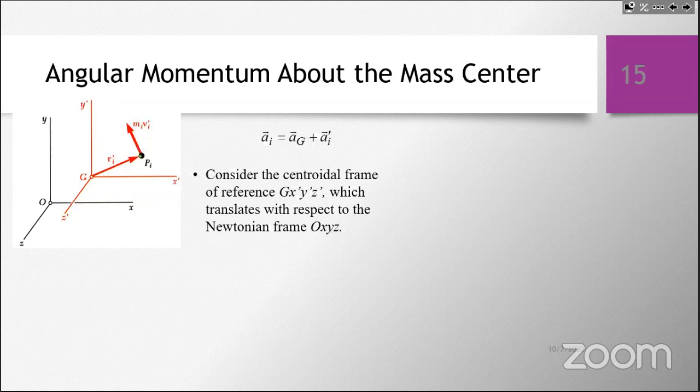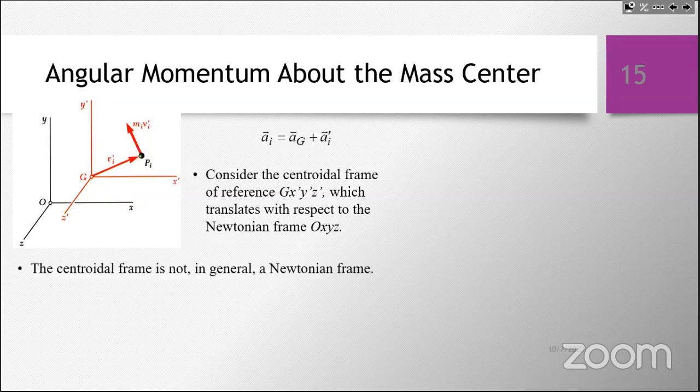If you're on a train and it's moving this way, this frame is moving with the train. If you're standing still, you're still moving with the train. But if I start moving in the opposite direction, I'm now distancing myself from this point G. It's the same idea. It's a relative acceleration.